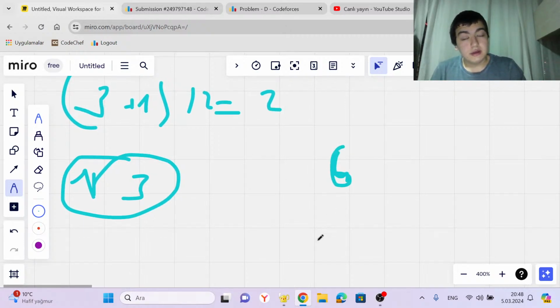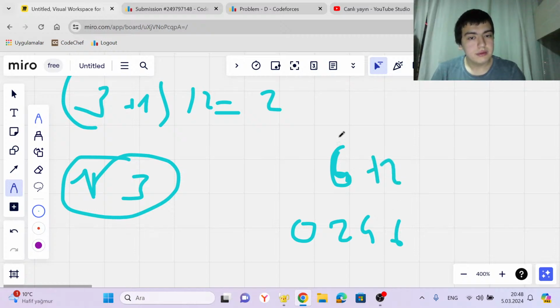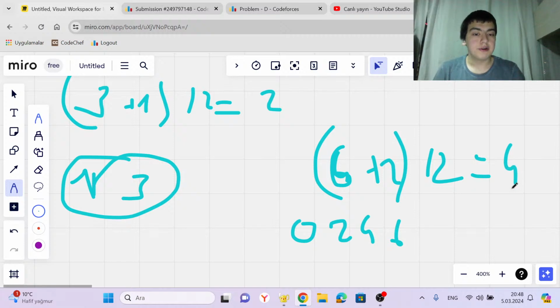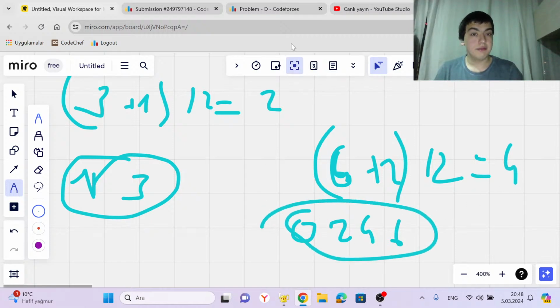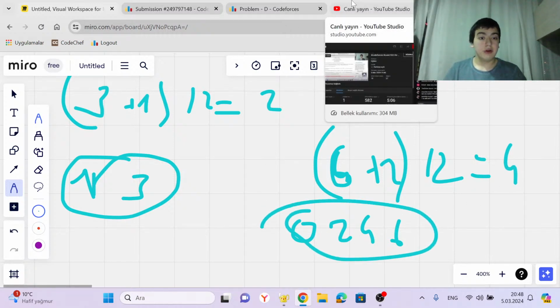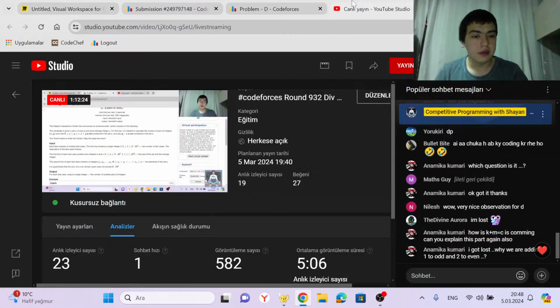How many even numbers are smaller than or equal to 6? 0, 2, 4, and 6. So I am adding 2 and dividing by 2. This gives 4, the number of even numbers that are smaller than or equal to our current number. Do you understand now?